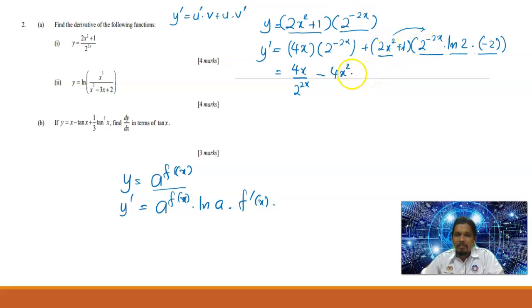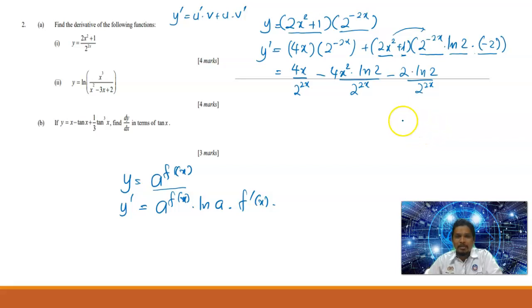And then multiply with natural log of 2 divided by 2 to the power of 2x. And then 1 here. 1 multiplied with negative 2, minus 2, then natural log of 2 divided by 2 to the power of 2x.